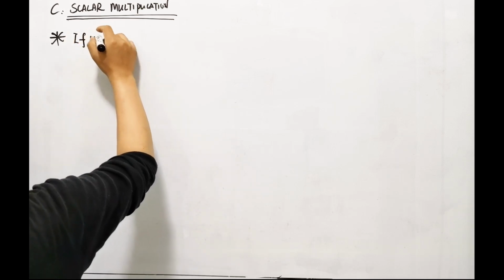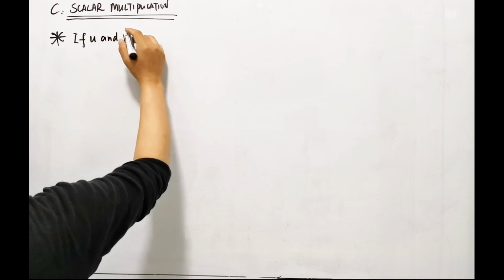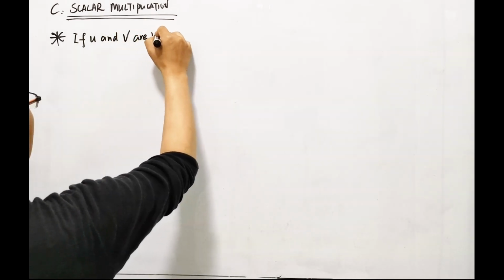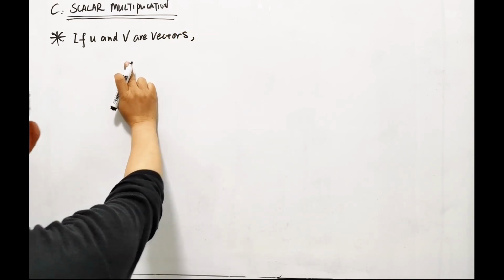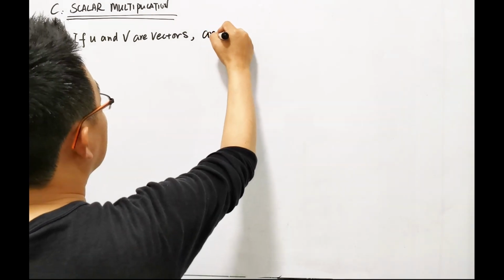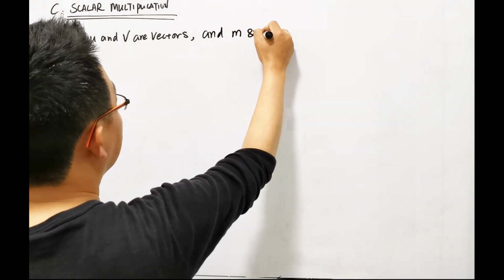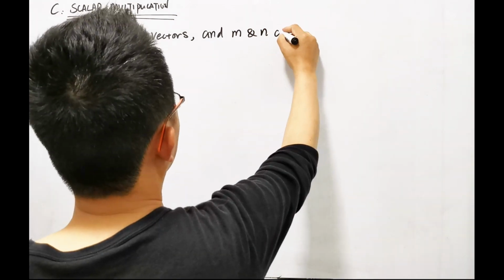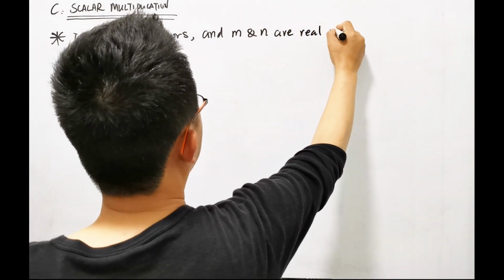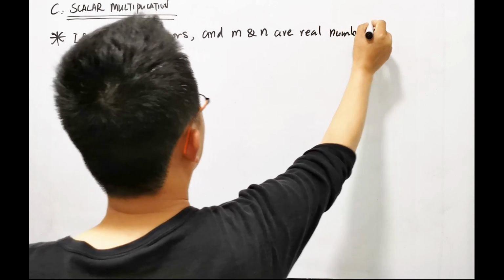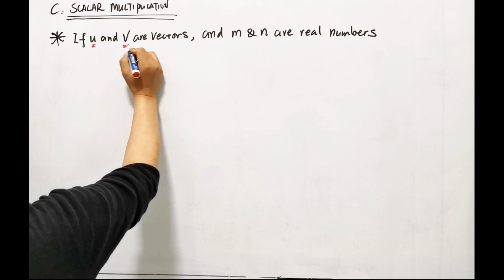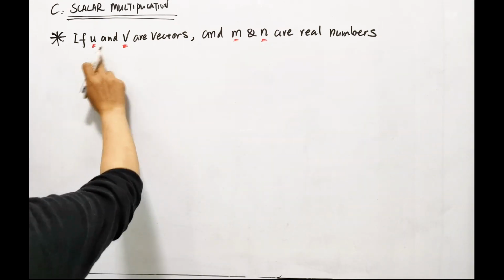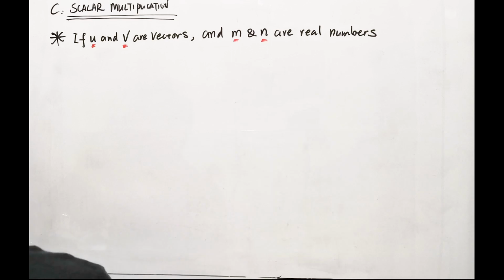If U and V are vectors, and M and N are real numbers, so we have U and V, and then M and N. U and V are the vectors, M and N are the real numbers.